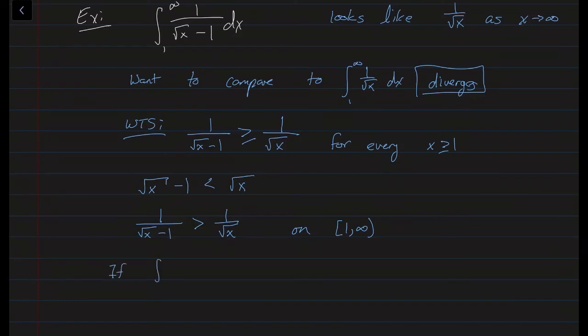And that tells us by our comparison test that if the integral from 1 to infinity of 1 over the square root of x diverges, since it's smaller than the integral of the bigger one, 1 over the square root of x minus 1, that also diverges.